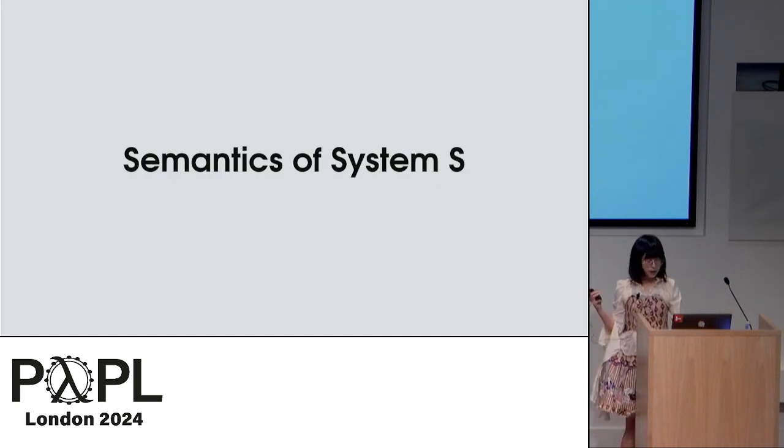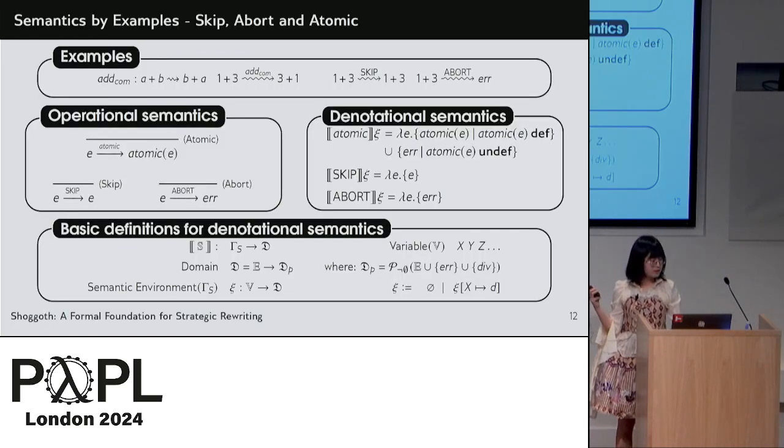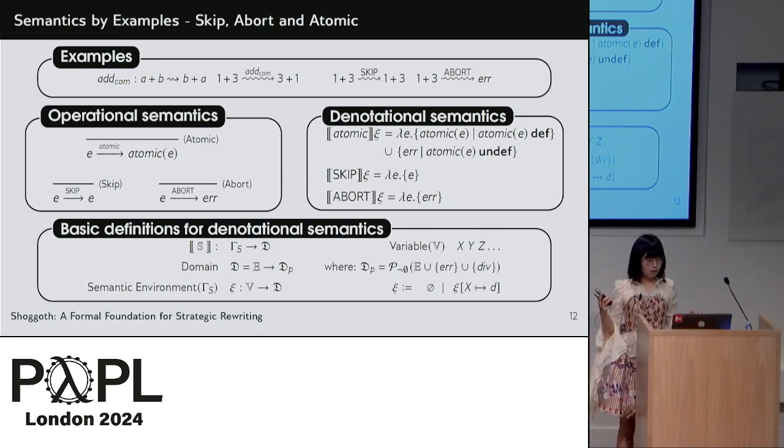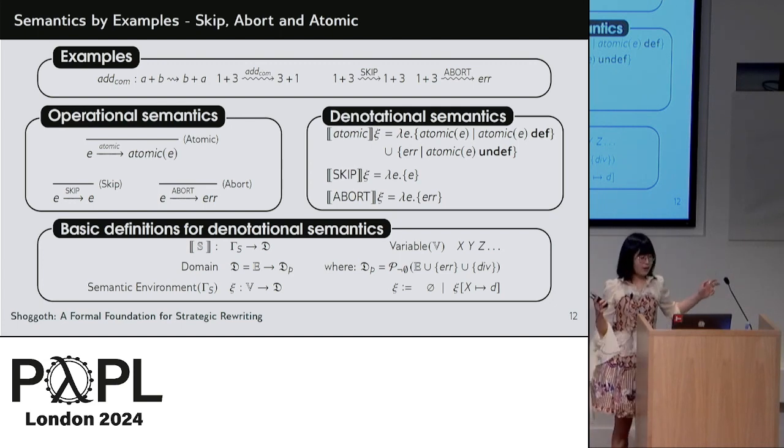And then we introduce the semantics for System S. We start with the simple ones. For example, for the atomic strategy, skip, and abort, the operational model is very straightforward.